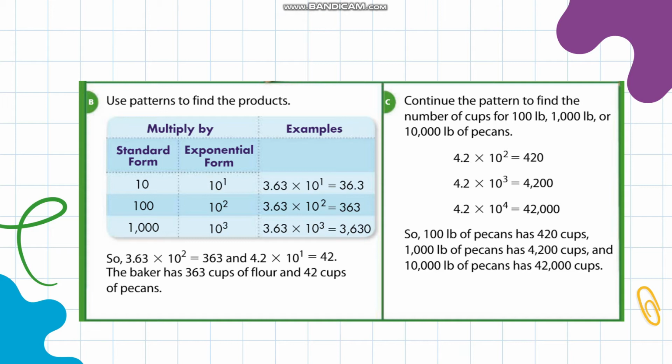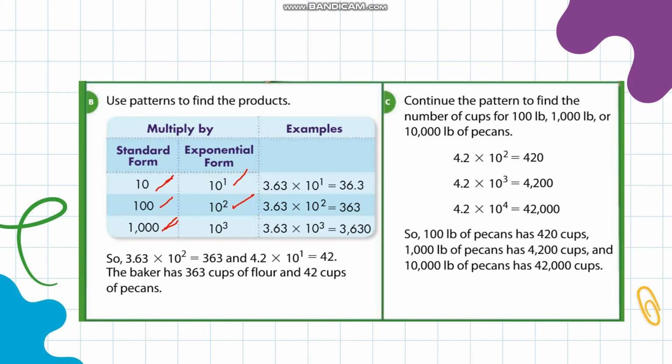The standard form, when you multiply by 10, by 100, and by 1000, is the same as the exponential form, which is 10 to the first power, because 10 times 1 is 10. 10 to the second power, 10 times 10, is 100. And 10 to the third power means 10 times 10 times 10 is 1000.